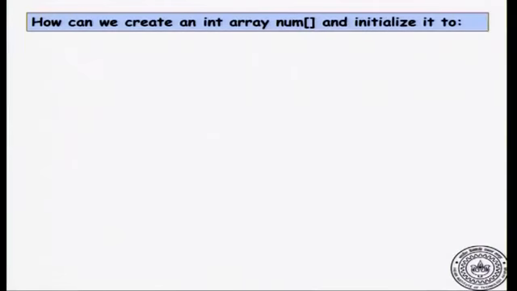Now, let us just look at how we can create an integer array num and also initialize it to particular values. For example, I want the num array to look like the following. It contains 7 cells having the values -2, 3, 5, -7 and so on.